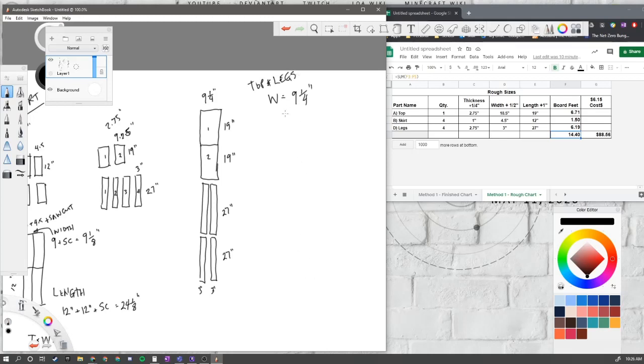Okay, and actually, hang on a second. Let me do that over again. Okay, so my thickness is equal to 2 3/4, or sorry, 3. Is it? No, 2 3/4.